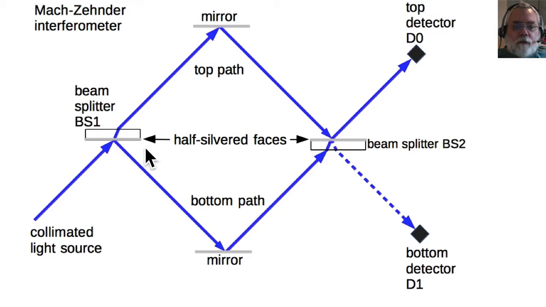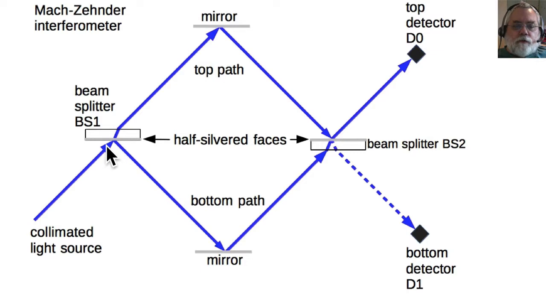We'll talk more about this beam splitter. These beam splitters are a slab of glass, a rectangle of glass, with one side half silvered, either with silver or aluminum, some reflecting material, but half silvered, so it's not a complete mirror.